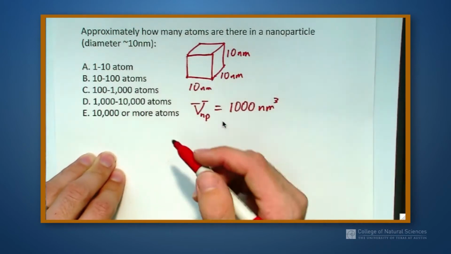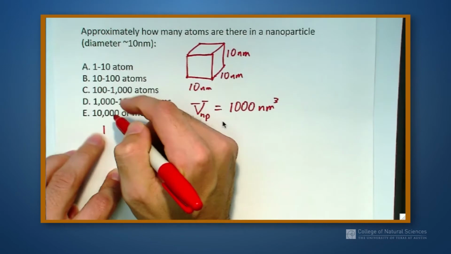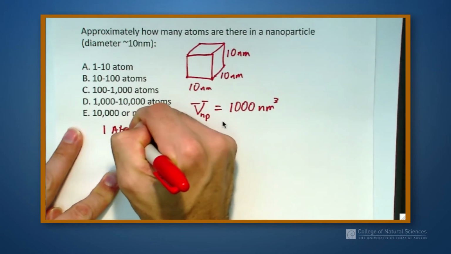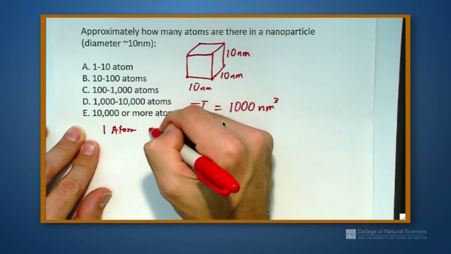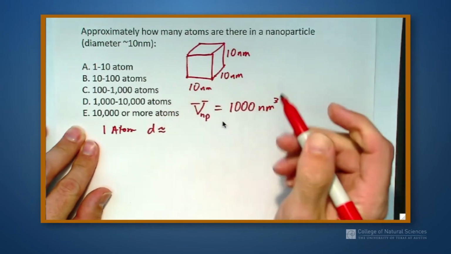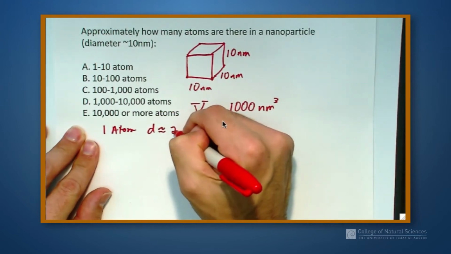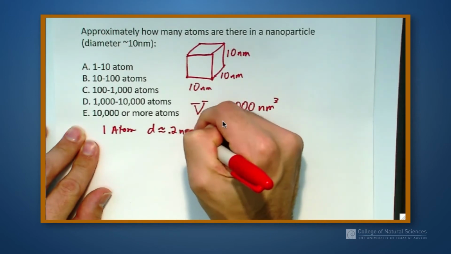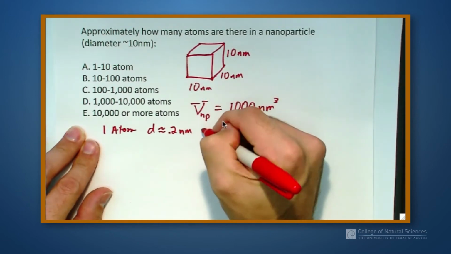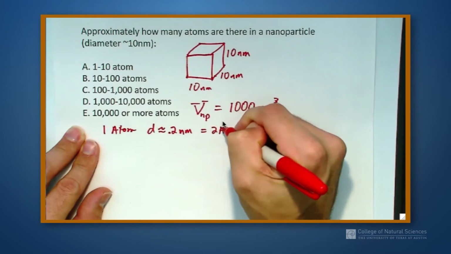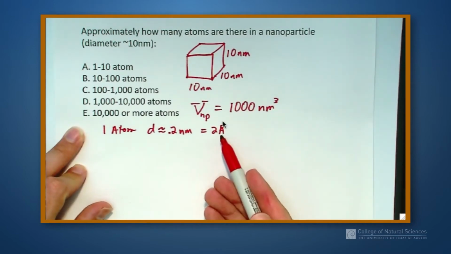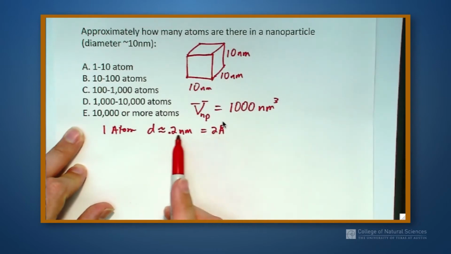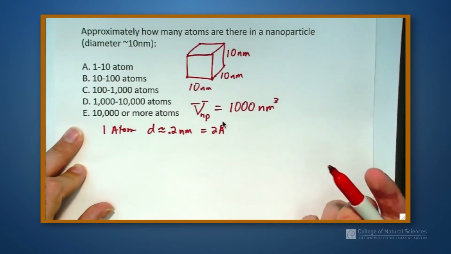And I remember from chemistry that one atom has a diameter of approximately 0.2 nanometers, 2 angstroms. If you remember the unit of angstrom, it's used because it's about the size of an atom. So 0.2 nanometers is 2 angstroms.